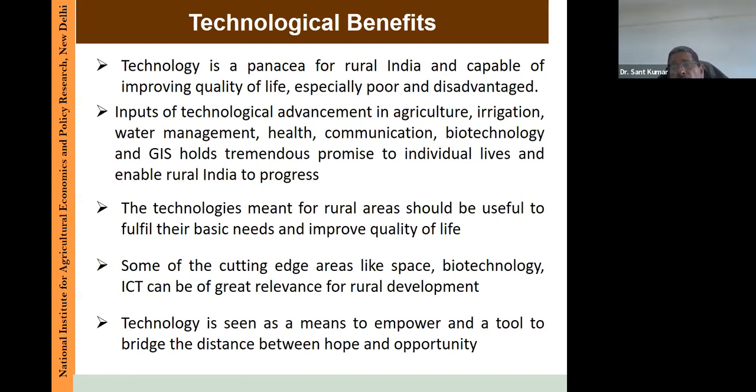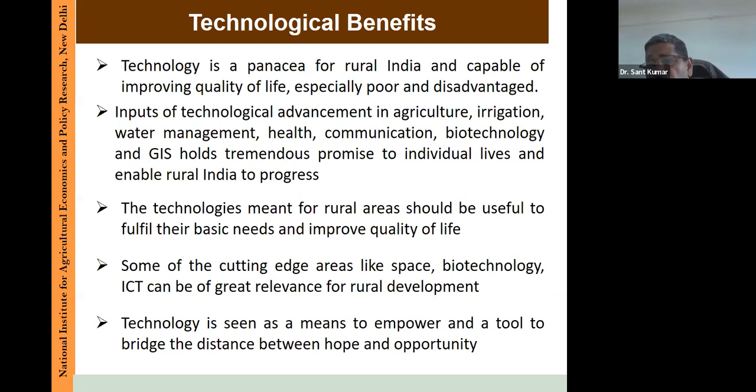So inputs of technological advancement in agriculture, like irrigation, water management, health, communication, biotechnology, GIS, hold tremendous promise for individuals' lives and enable rural India to progress.